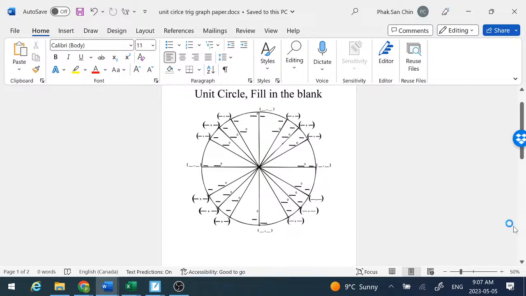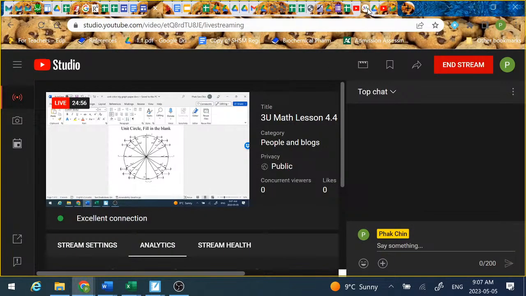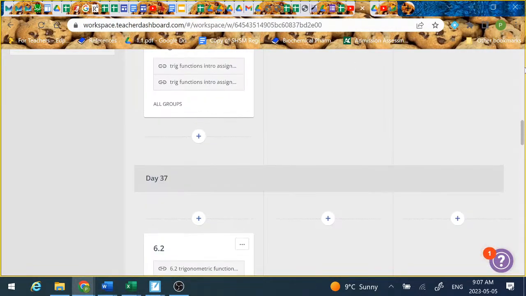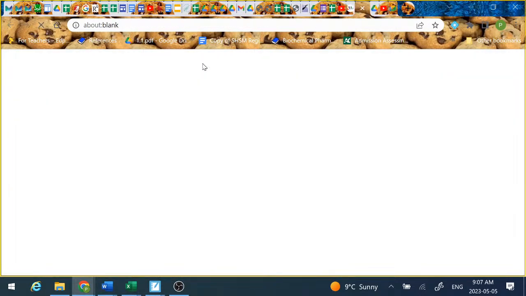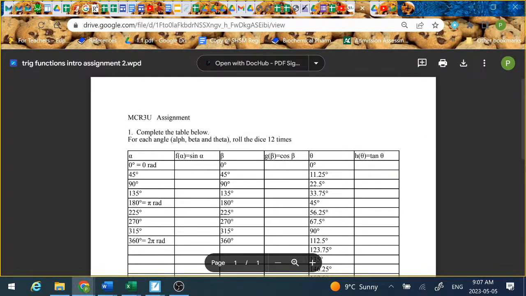and what I'm going to do is, if you check on the workspace, this is what I had for y'all for 6.1, the trig function intro assignment. I give you this table and I ask you to complete it. Look at the values. Now these are just Greek letters, right?